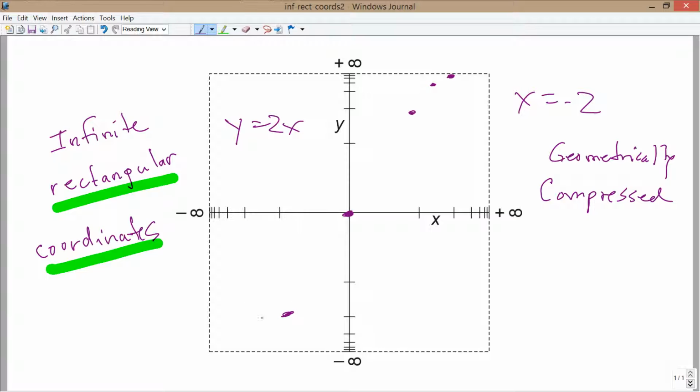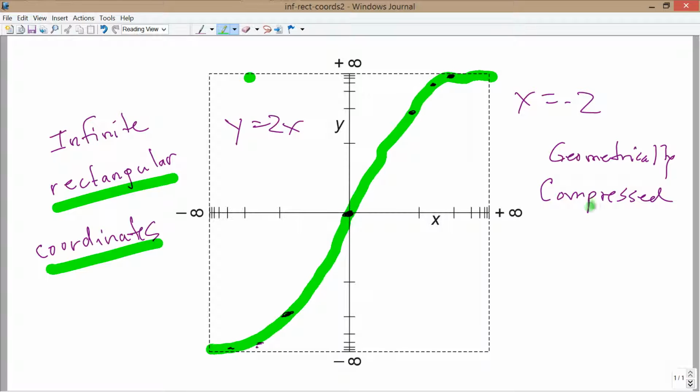If x equals -2, y equals -4. If x equals -3, y equals -6. And so what you're going to get is something like that. It's not going to be straight anymore. If the slope of the line is not either 1 or -1 or 0 or infinity undefined, then you're going to get a curve rather than a straight line.